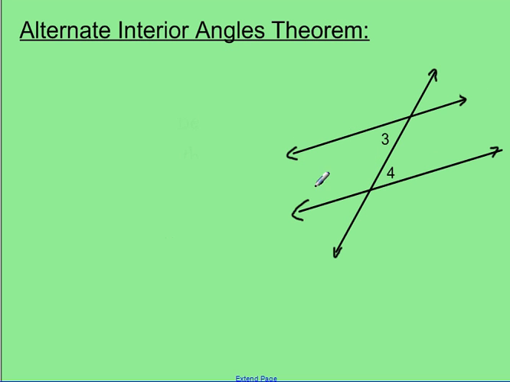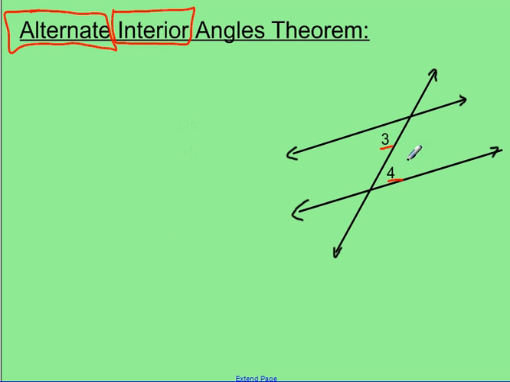And it's still, once again, two parallel lines cut by a transversal. And these first two words are the most important. Alternate, interior. Okay, so interior means on the inside of these parallel lines. You can see that angle 3 and angle 4 are on the inside. They aren't up here or down here. And they are alternate.